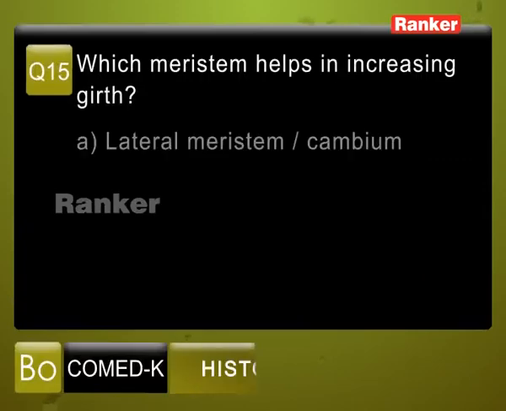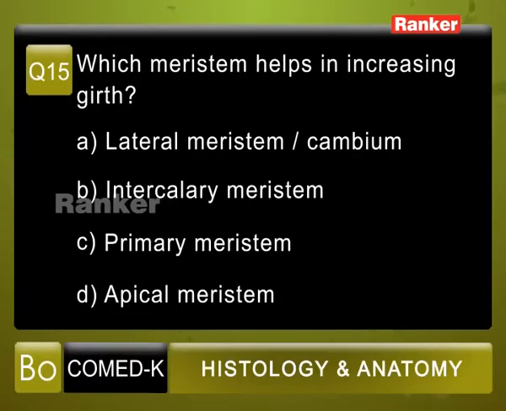Question number 15. Which meristem helps in increasing girth? A. Lateral meristem or cambium. B. Intercalary meristem. C. Primary meristem. D. Apical meristem.